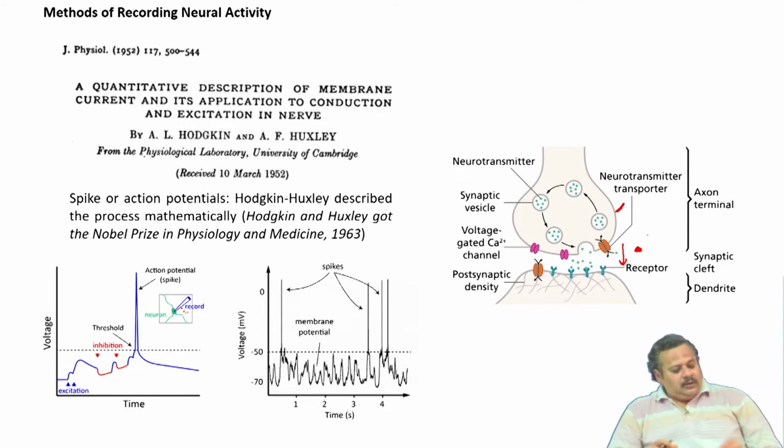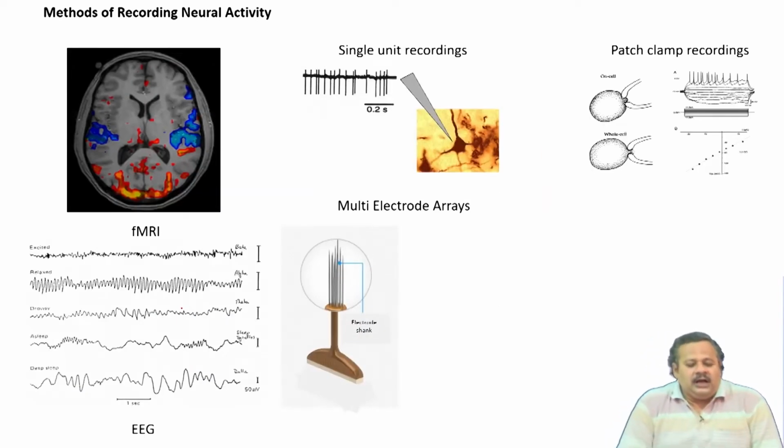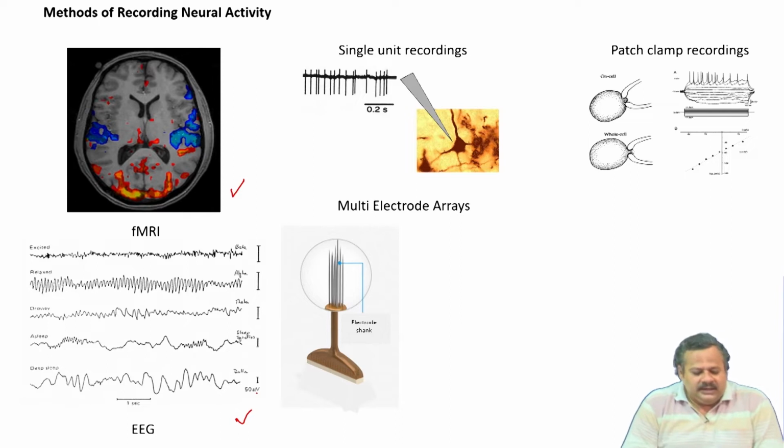So, if we look at some of the methods that are applied in humans, on the left hand side, on the top is fMRI and at the bottom it's EEG. fMRI refers to functional magnetic resonance imaging and EEG is electroencephalography.